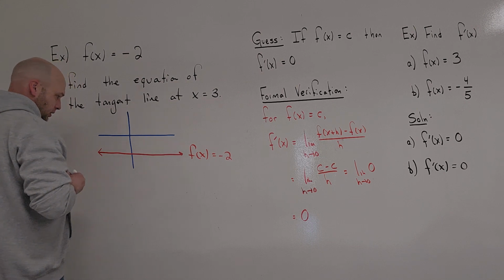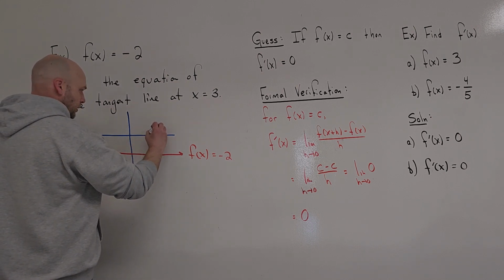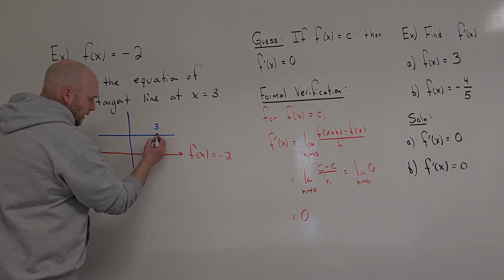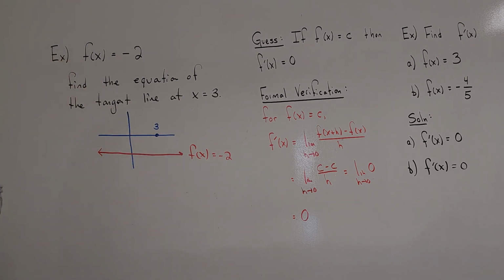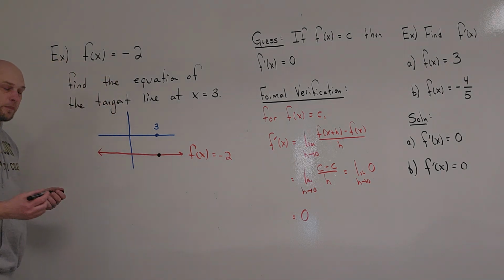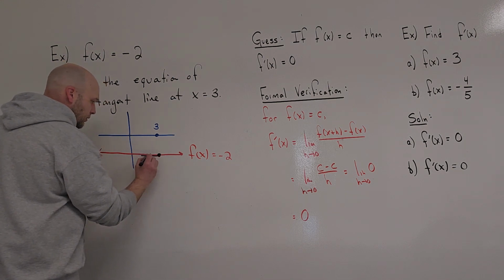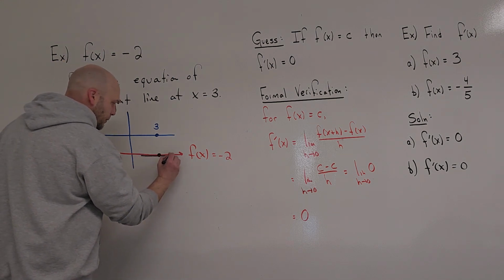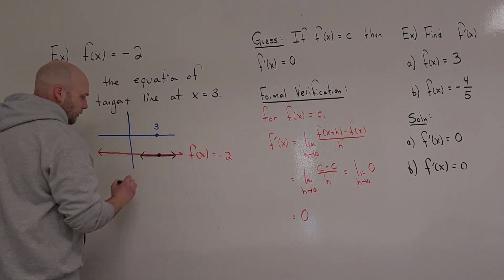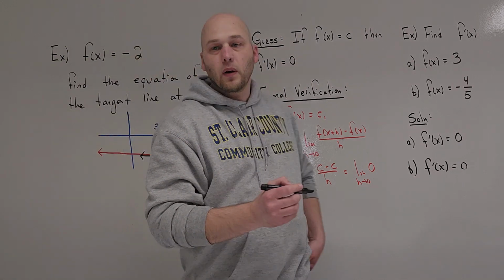On the x-axis, x equal to 3 would be right here, meaning the point on the graph would be directly below that, right here. Best straight line approximation would be this line right here, and it certainly looks like it overlaps the graph of the original function. So what I want to do is find the equation of that black line.